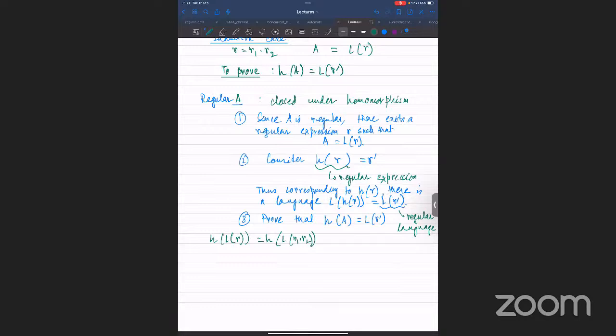Now what? Equal to H of L of R1 dot L of R2, right? And we defined such a thing: how do you define the concatenation of two regular sets? We also defined this operation, right? It's a concatenation on the sets. Okay. Now what?